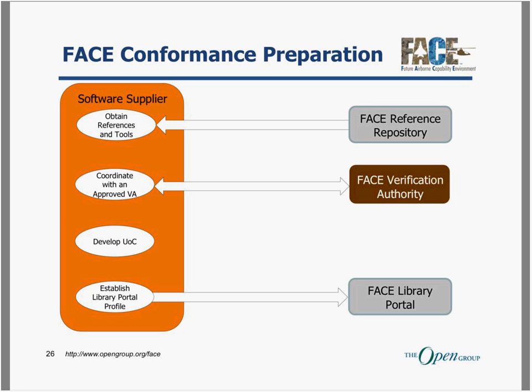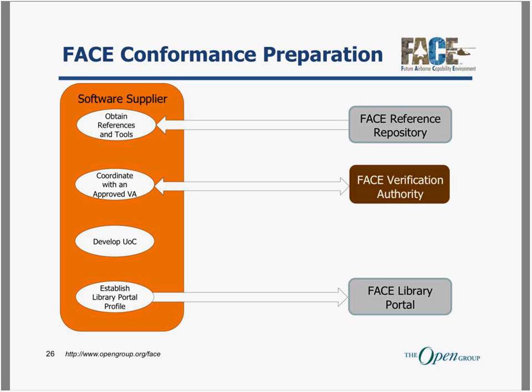There's a verification agreement between the software supplier and that VA that sets out what will be performed by the VA, how many times it would be performed before it would be renegotiated if there's difficulties. Also, what type of evidence needs to be provided and what methods would be used to exchange that information and provide feedback. Done on an individual basis by each VA.